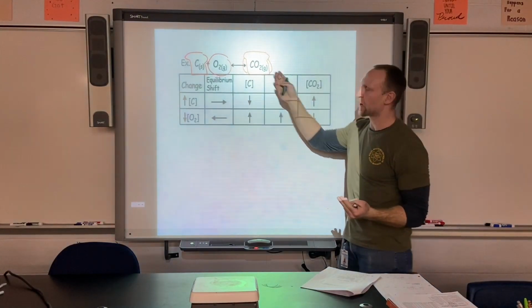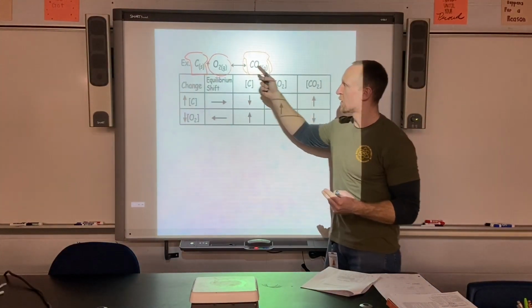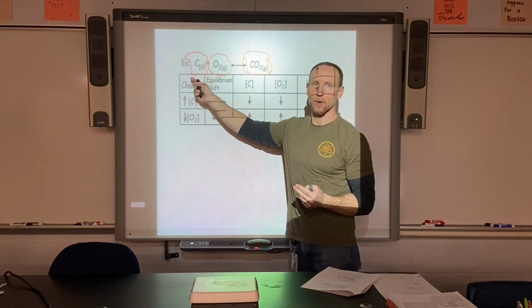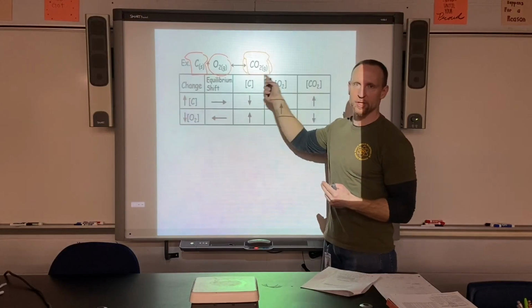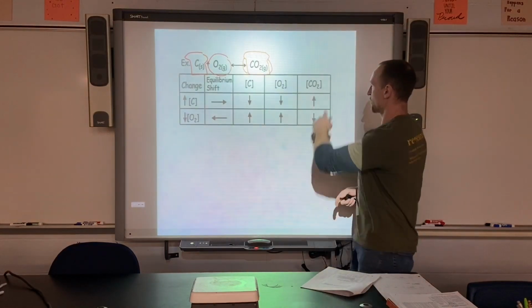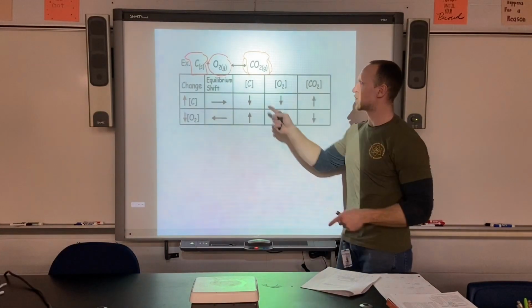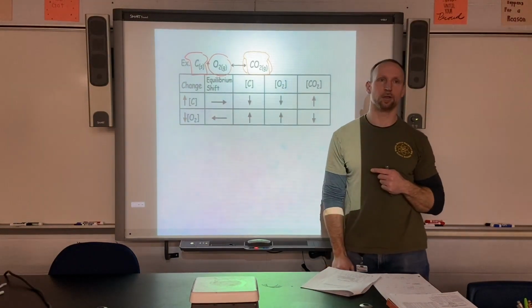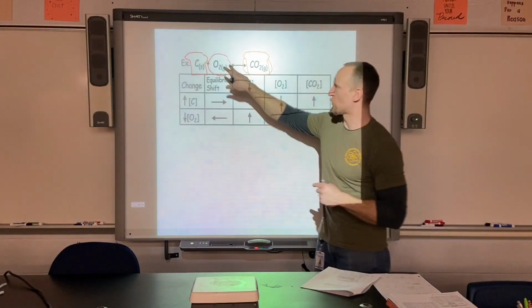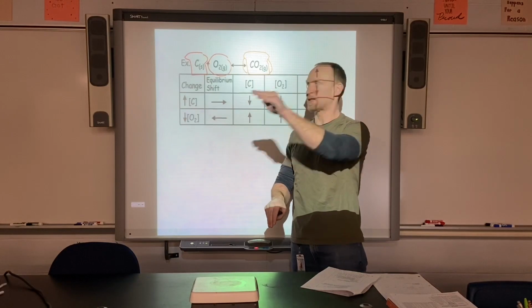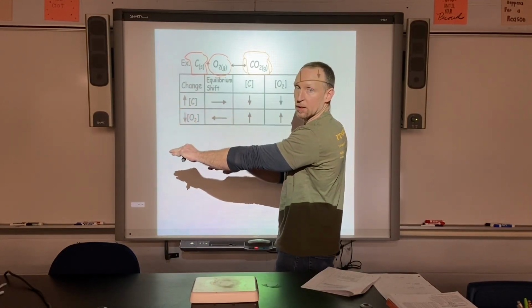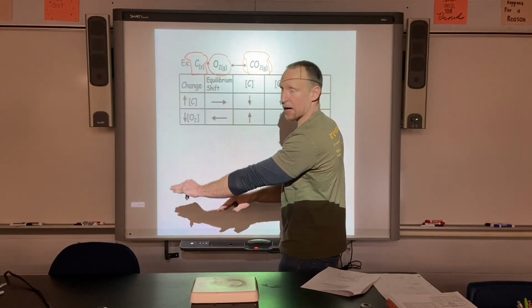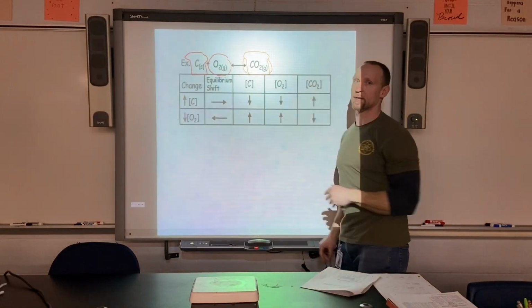If I want to make more sandwiches, I'm going to use up bread and bologna to do that. So if I want to make a lot of sandwiches, that's going to use up bread and bologna. Okay? So that's why these are going down. Think about it, you have a stack of bread and a stack of bologna. The more sandwiches you make, the less bread and bologna you have because you're using it to make sandwiches.